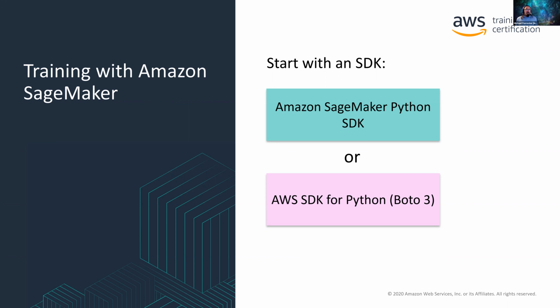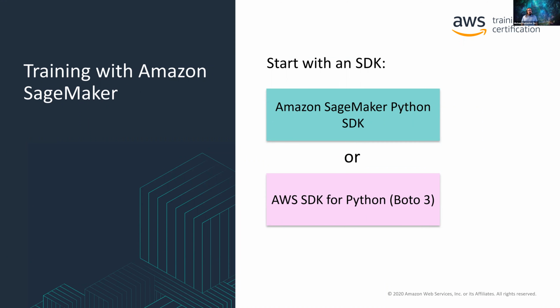So just note that you can initiate a SageMaker training session with either the SageMaker Python SDK, which I think is literally, if I remember correctly, pip install sagemaker. Or you can do it with the Boto3 SDK for Python, which is pip install boto3, right? Or Conda or whatever tool you're using.